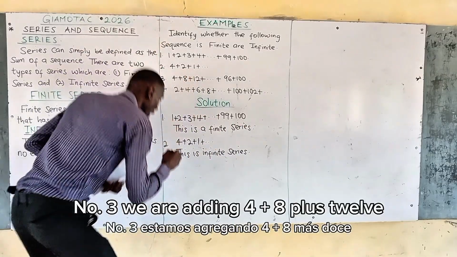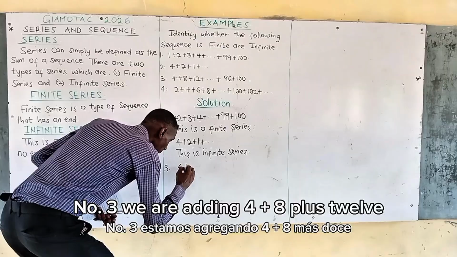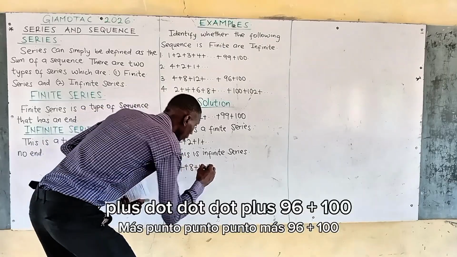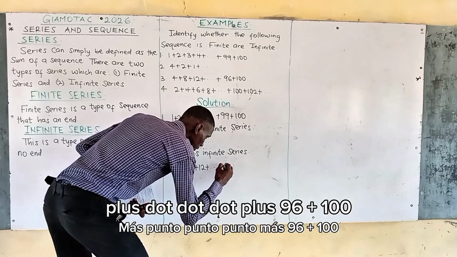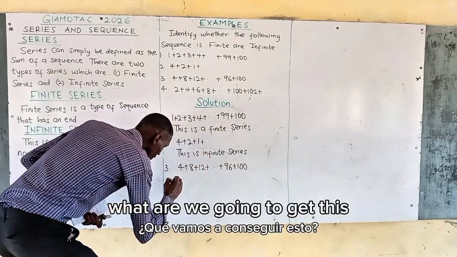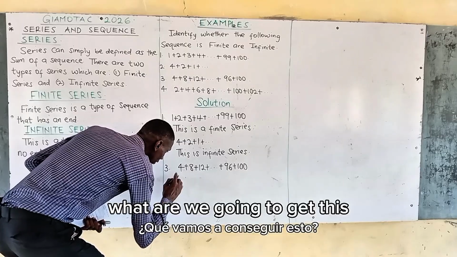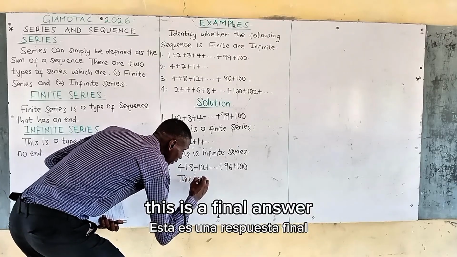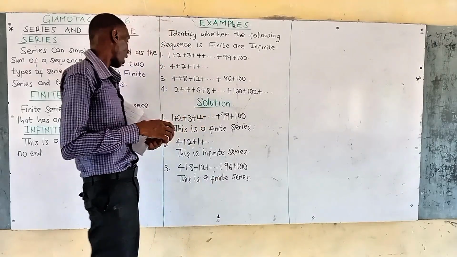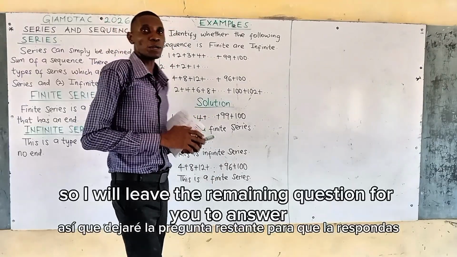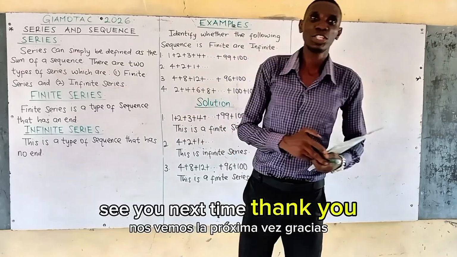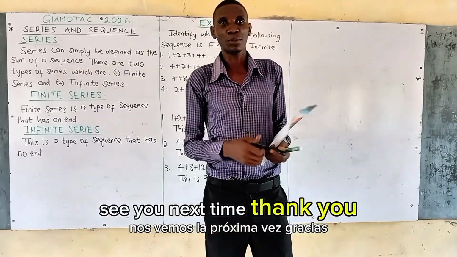Number 3, we are having 4 plus 8 plus 12 plus dot dot dot plus 96 plus 100. What are we going to get? This is finite series. So I've done 3 out of 4. I will leave the remaining question for you to answer.